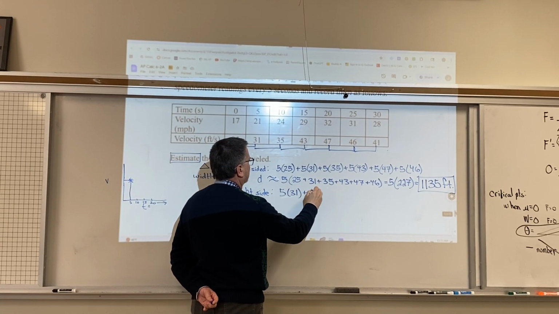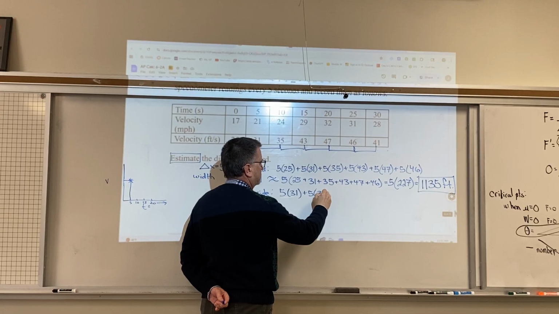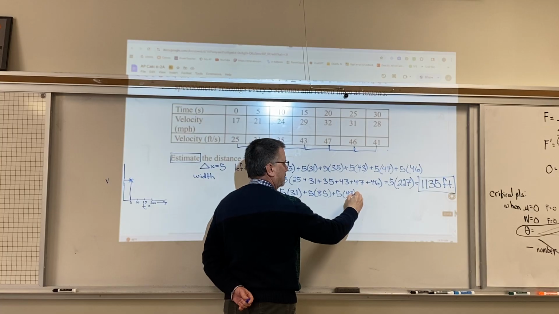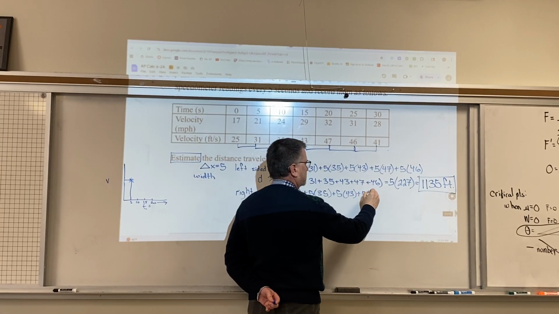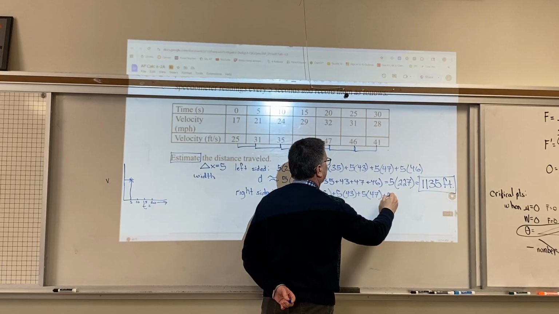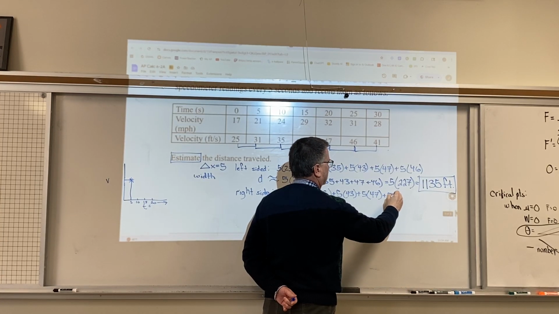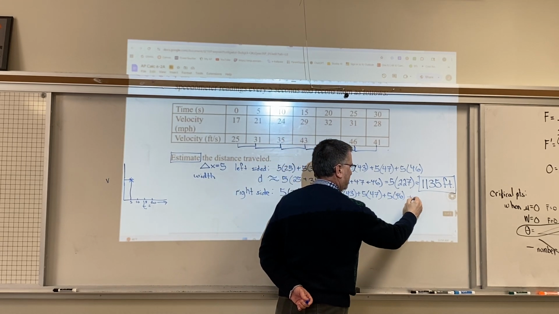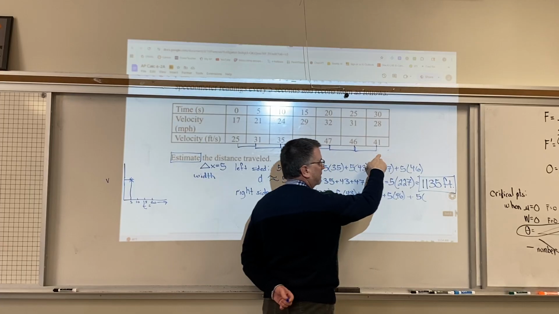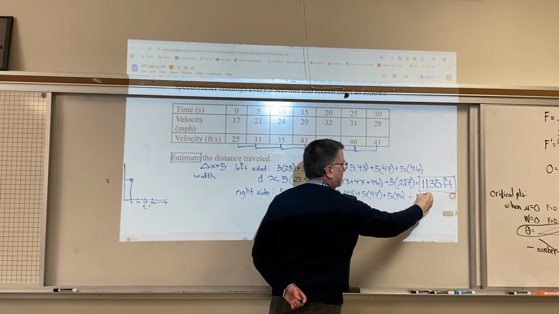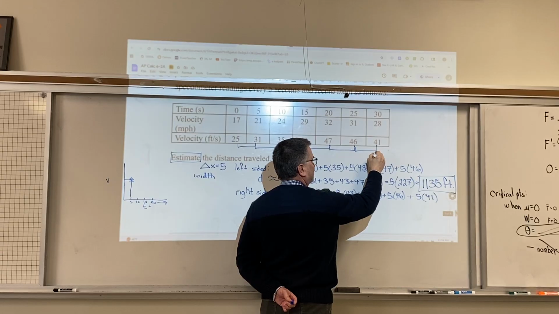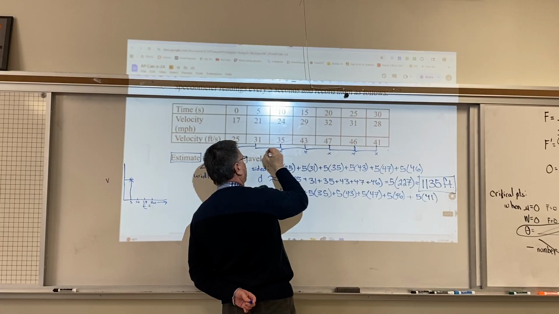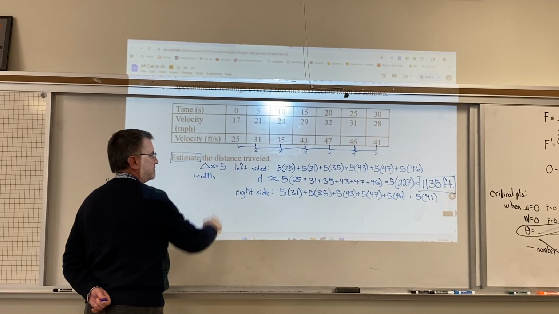And then 5 times 35 would be the next one, plus 5 times 43, plus 5 times 47, plus 5 times 46, 1, 2, 3, 4, 5, there's 6. Plus 5 times, now in this case, I would pick up 41, because that's the right side of this one. So now I'm picking up that side, that side, that side, that side, that side, and this side, but not the first one, because that's on the left side.